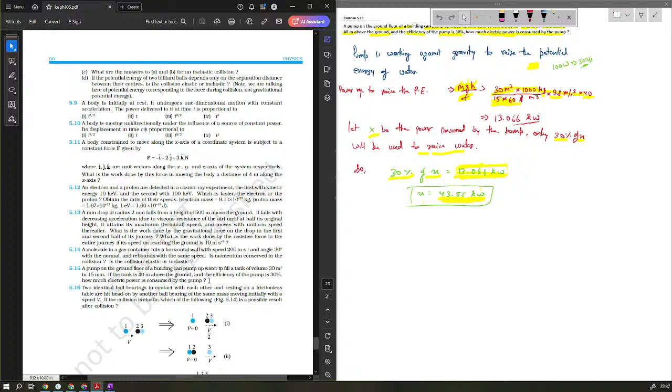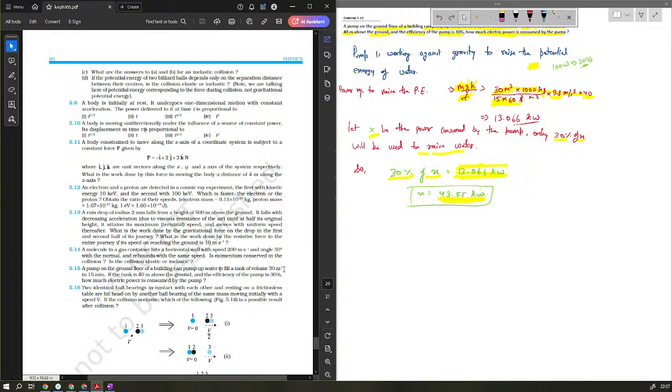So here we have to use the concept of work done and also power. The water has to be lifted 40 meter above the ground, and how much water is to be lifted is hinted by the volume of the tank. We have been given the volume of the tank, and this much volume of water has to be lifted, so we can calculate the mass.